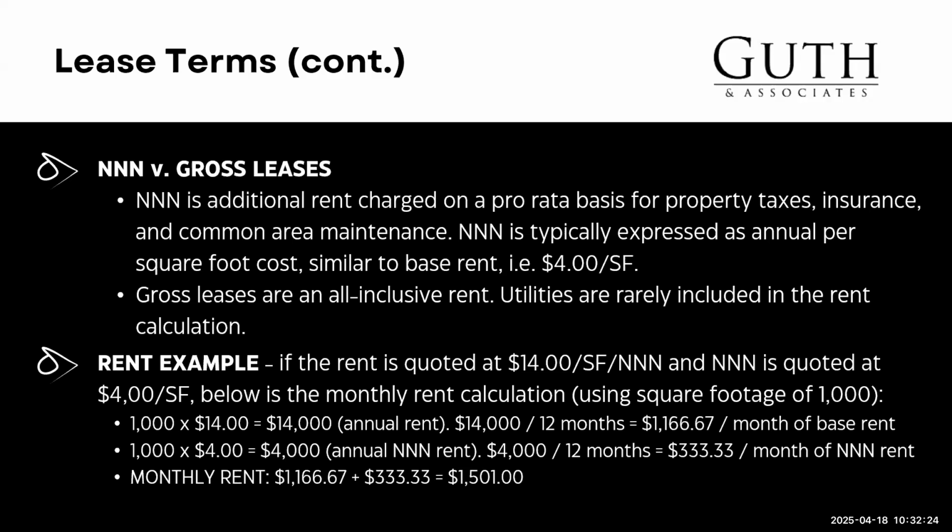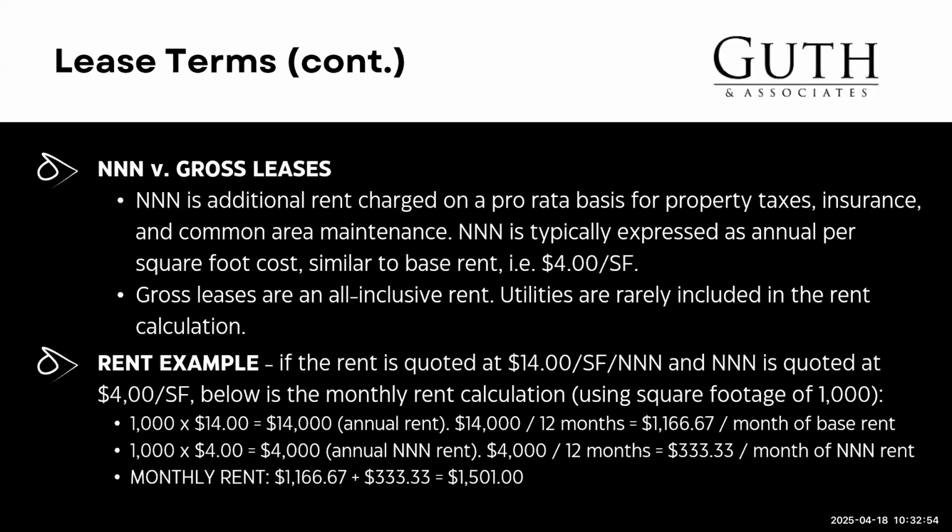But remember, in a gross lease, the property owner is taking into account the property taxes, the building insurance, and the common area maintenance. So if a space was a triple net lease at $12 a square foot plus triple net, on a gross lease, that marketed rent may be $16 a square foot.